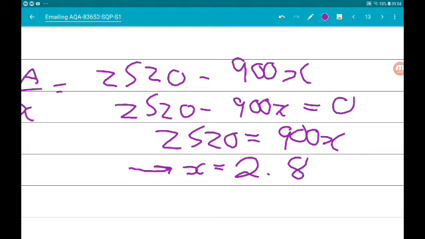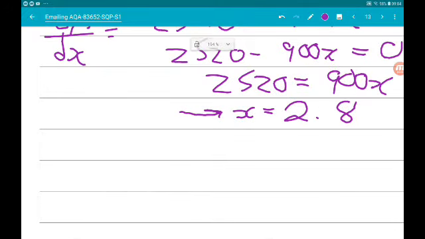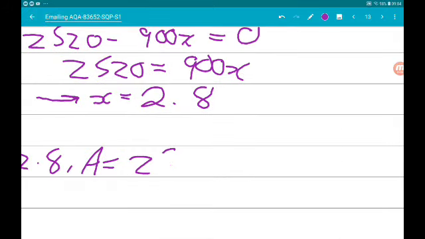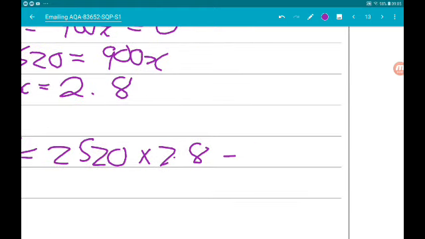So to find the maximum area, we now substitute x equals 2.8 into our expression for A. So when x is 2.8, A is 2520 times 2.8 minus 450 times 2.8 squared.